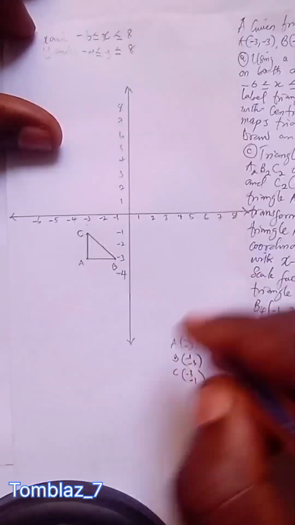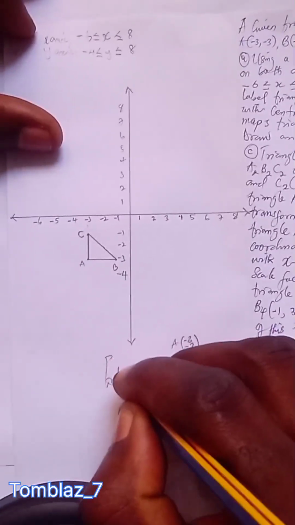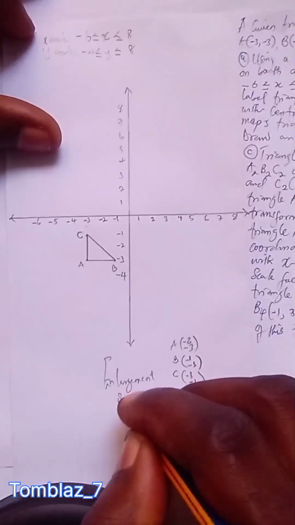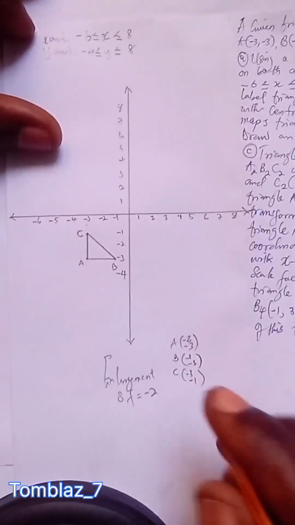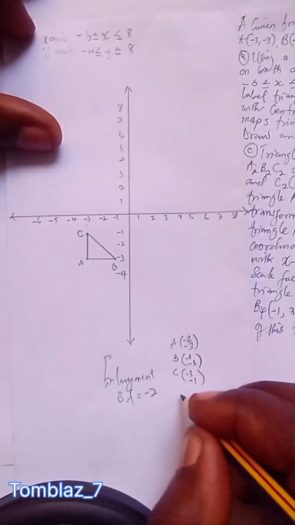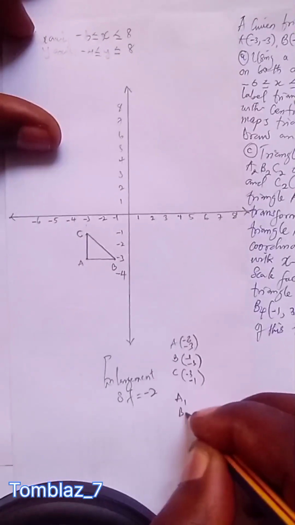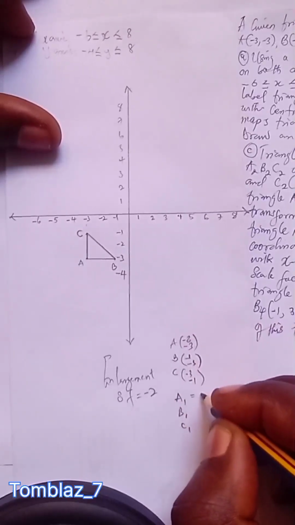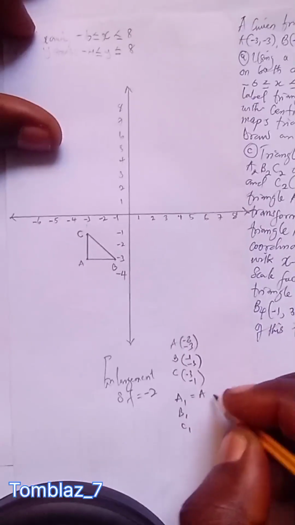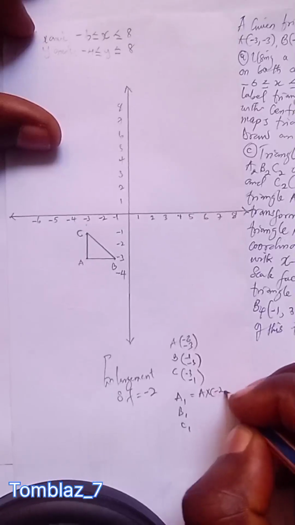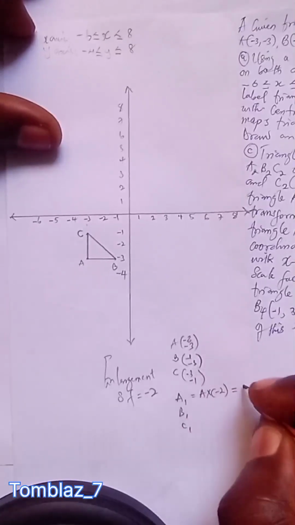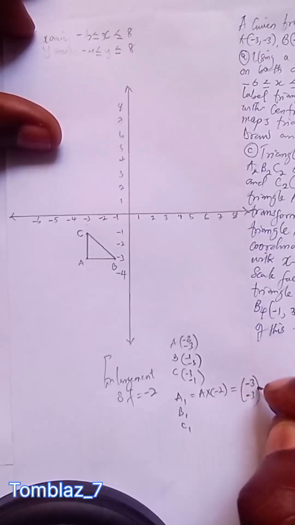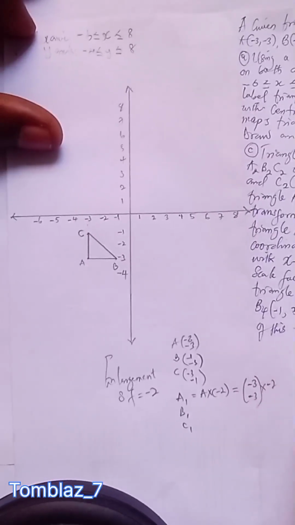So we are doing enlargement here, right? And it says it has a scale factor of -2. So to get the A1, B1 and C1, you have to then multiply A by the scale factor, which is -2. So it's going to be like this, -3, -3 times -2, right?